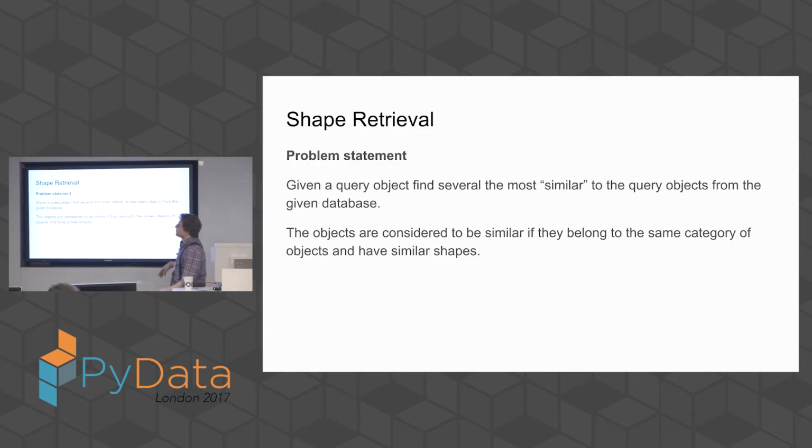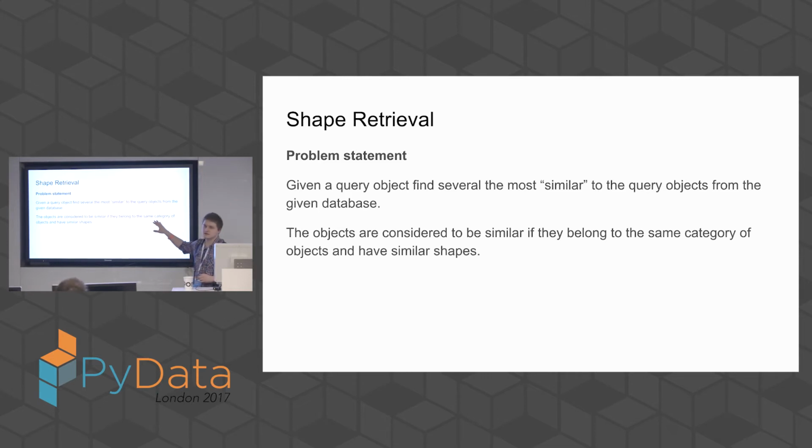So what did we use it for? Initially, we wanted to solve the task of shape retrieval. It means basically using shapes to search in a library of shapes, like image search, but for 3D objects. There are a couple of nuances with that. 3D objects can be in some classes.